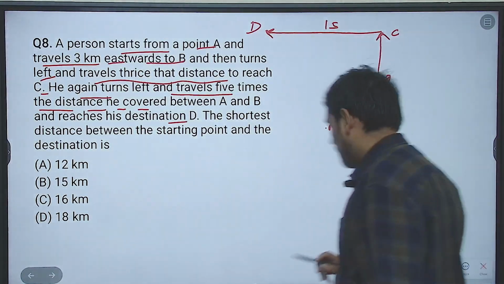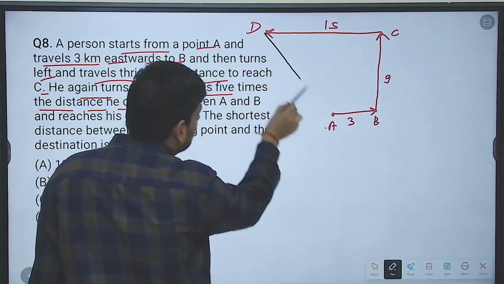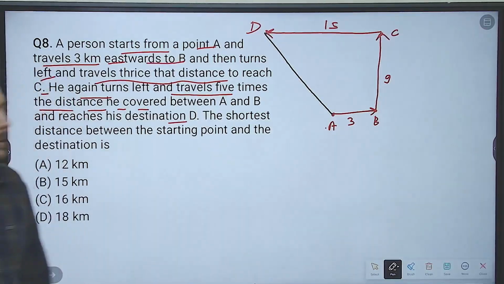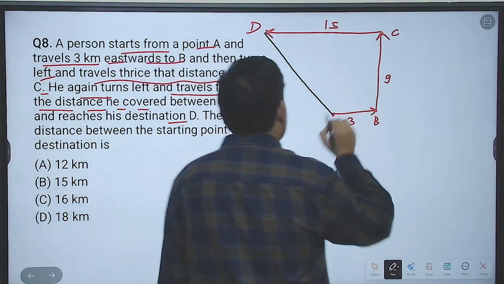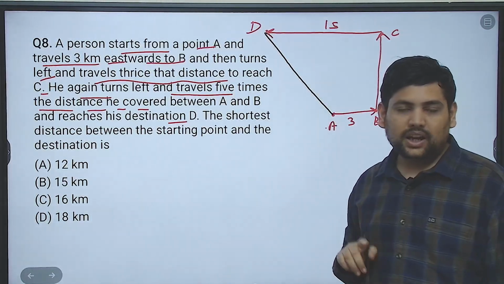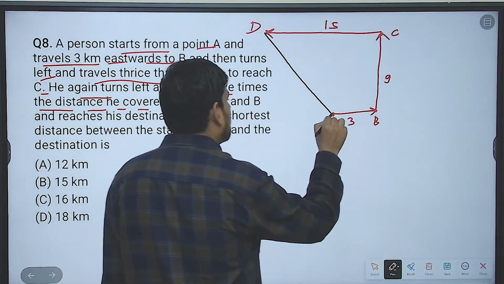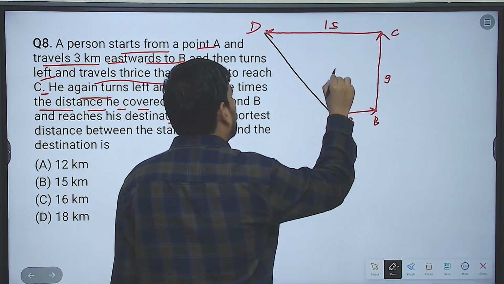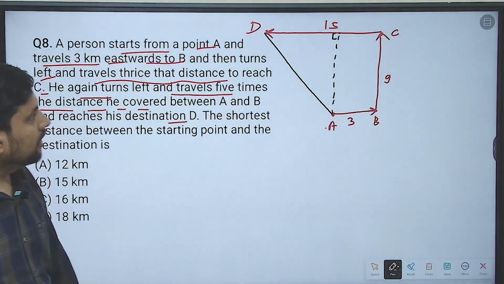Now what will the shortest distance be? This joining line you need to calculate. Correct? Now what will it be? Again, I'll simply make rectangles and right triangles. So I draw a perpendicular like this.